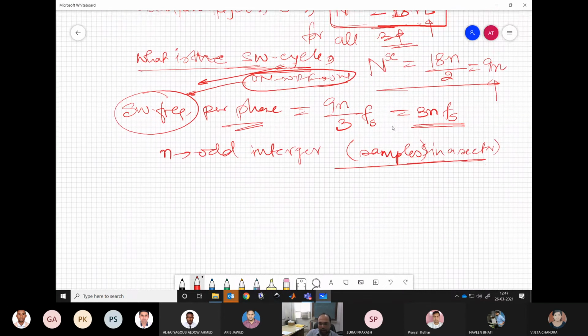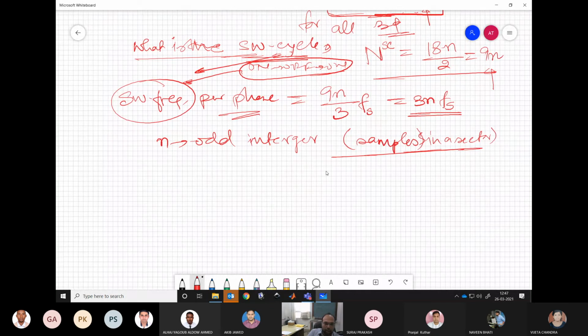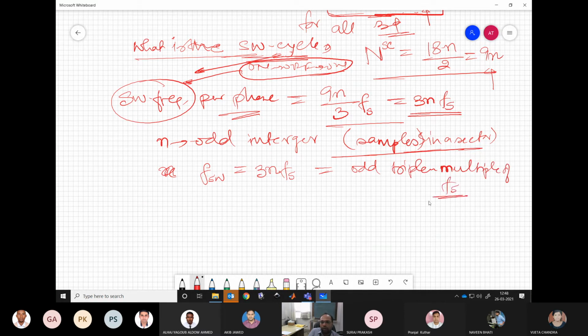So which is again an odd integer. So what we are getting here is exactly the same as what we have seen in our sine triangle case, that the switching frequency is actually 3n times fs, or an odd triplen multiple of the fundamental frequency.